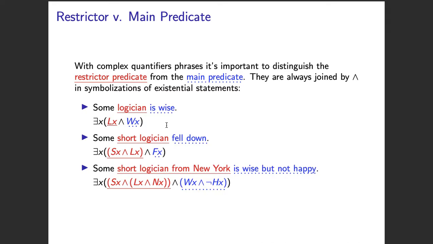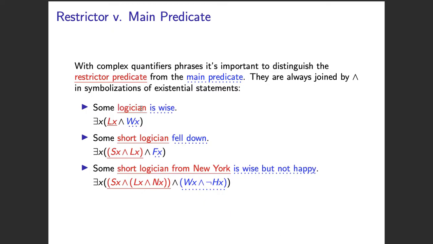When you're doing these more complicated symbolizations, it's useful to distinguish the restrictor predicate from the main predicate. The restrictor predicate tells you what group of things you're talking about. So if you say some logician is wise, the group we're talking about are logicians, and the main predicate is basically the verb phrase, which tells you what is true of some, or in other cases all, of the members of the collection in question.